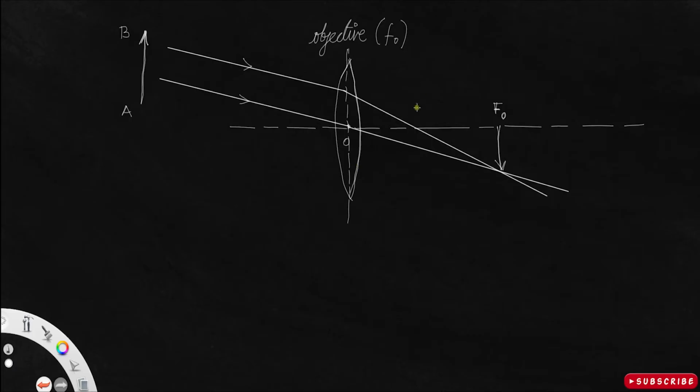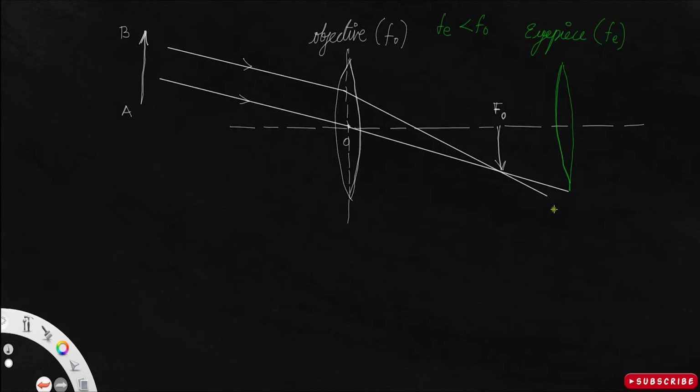Now we have one more lens called the eyepiece, that is another convex lens. The eyepiece has a focal length FE, and the focal length of the eyepiece is less than the focal length of the objective.